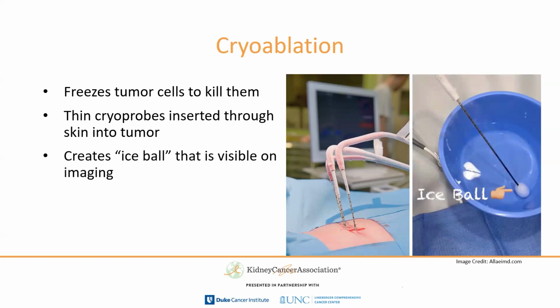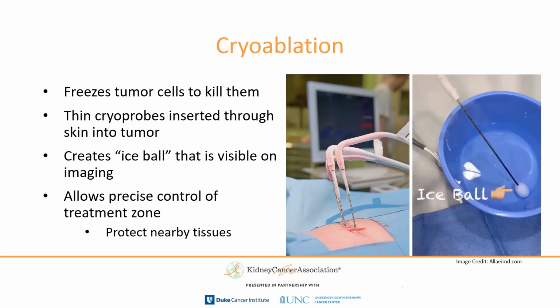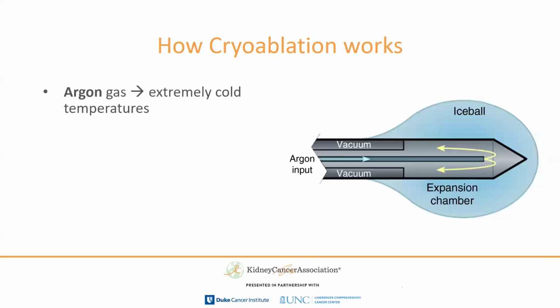It creates an ice ball around the tip of the needle, and that's what the ice ball looks like there, just testing it in a bowl of saline. This allows precise control of the treatment zone. We're able to shape the size and shape of the ice ball to encompass the tumor and a small area around it, but not affect anything else.